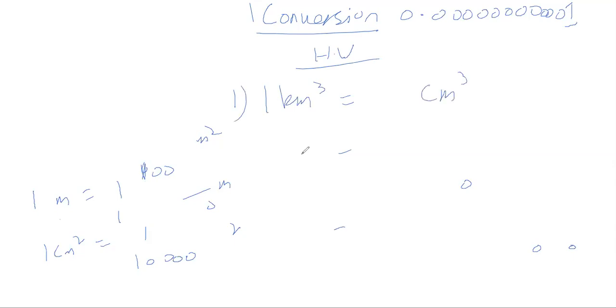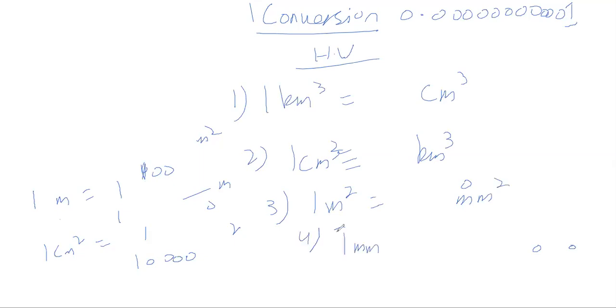Question number 2: 1 centimeter cube into how many kilometer cube? Question number 2. And question number 3 is 1 meter square equal to how many millimeter square? And question 4 is 1 millimeter square is equal to how many centimeter square? Can everybody see the 4 questions?